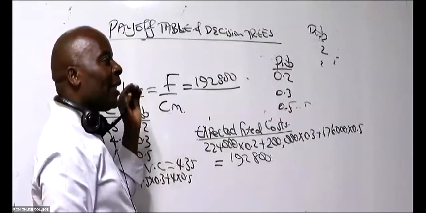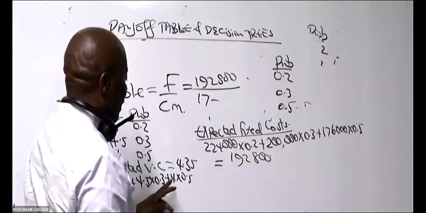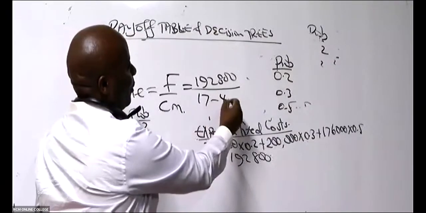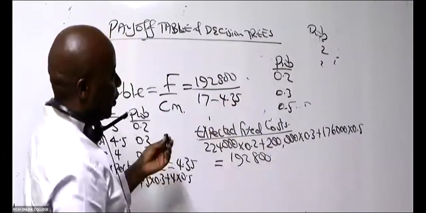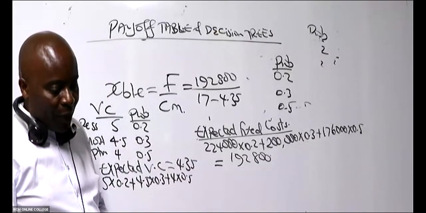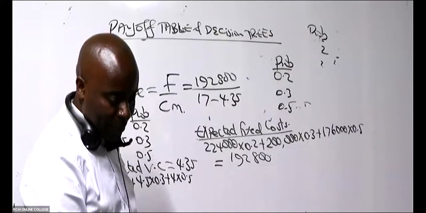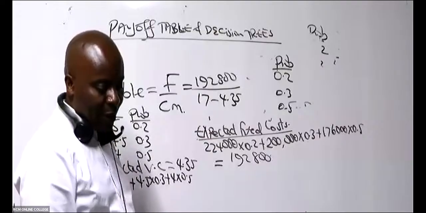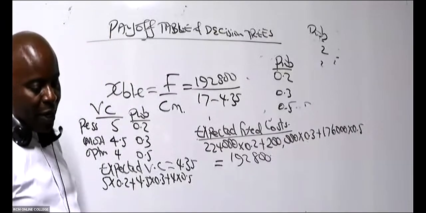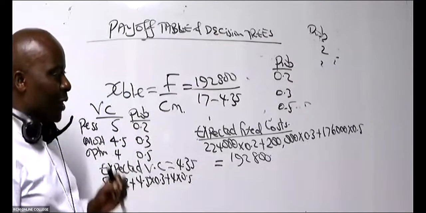Yeah, it is at the price that you have recommended above, which is 17 minus this 4.35. So is there somebody who is able to give us an answer now here? 15,241. That is what you needed to have done to get the break-even quantity.